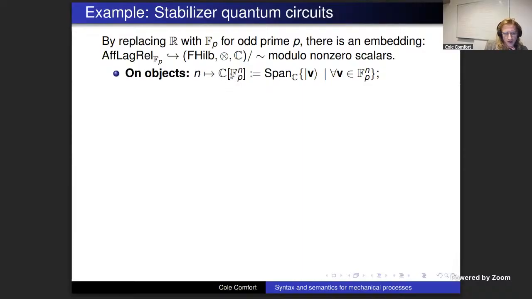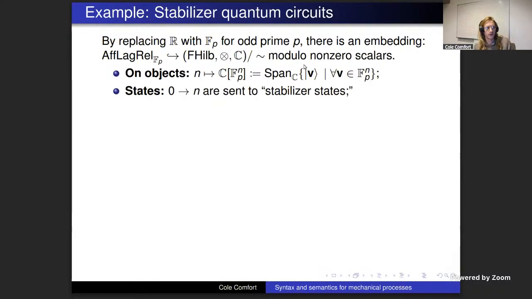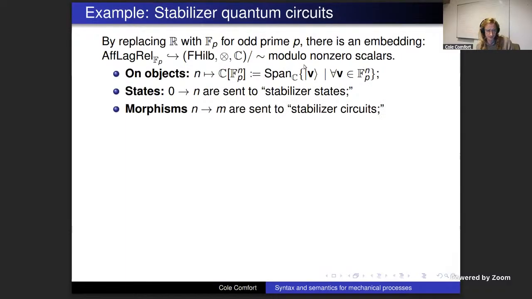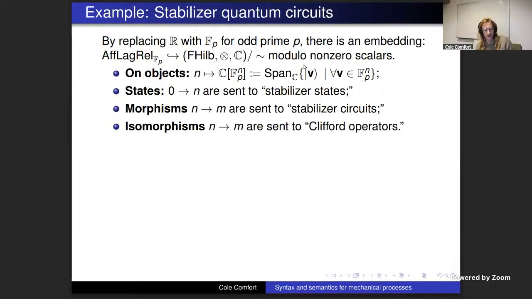So it generates a complex vector space where the basis elements are elements of F_p to the n. And in quantum information, it sends states to what people call stabilizer states. And the morphisms are sent to what are called stabilizer circuits. To properly define this, I need to do some representation theory, which would take too much time. And the isomorphisms, so the affine symplectomorphisms, are sent to what are called the Clifford operators.